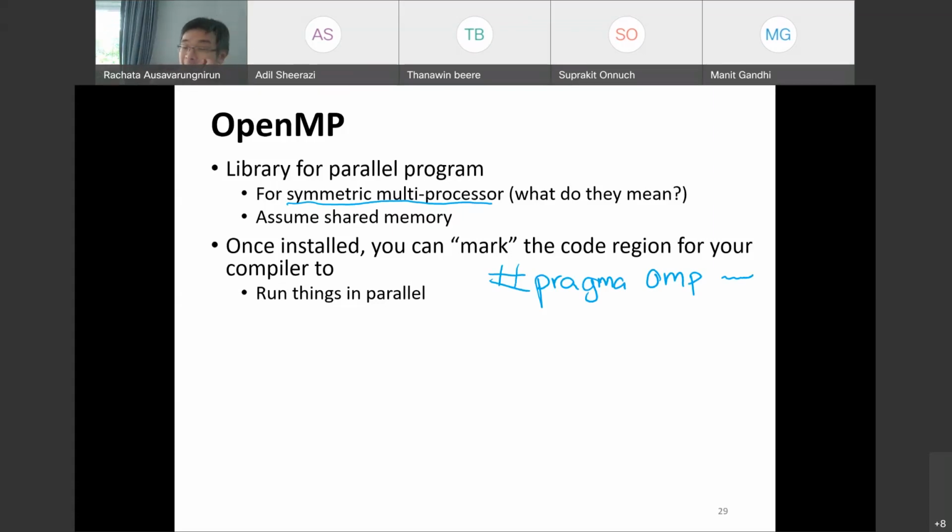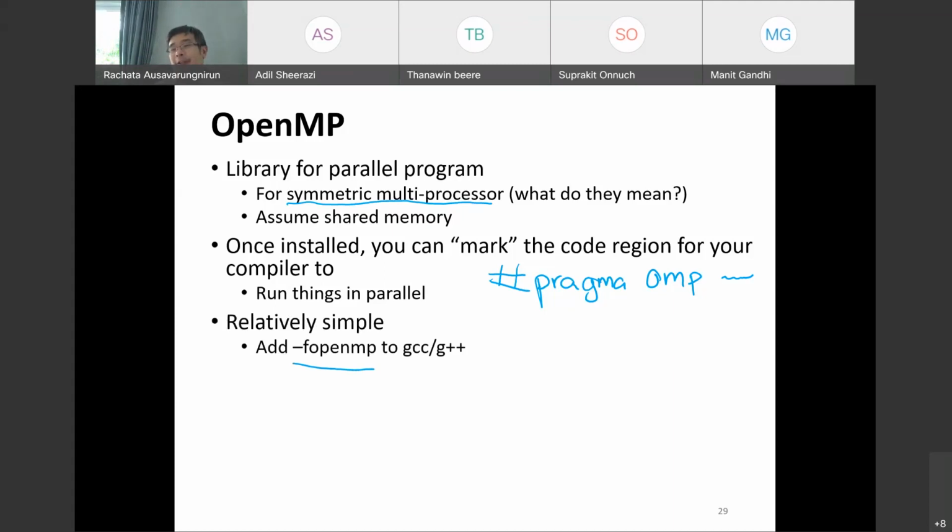So what's the benefit of this? What's the beauty about what you've seen so far? Is it simple? Yeah, it is actually pretty simple to try, right? So you can run things in parallel relatively easily. And when you compile your code, just say -fopenmp.